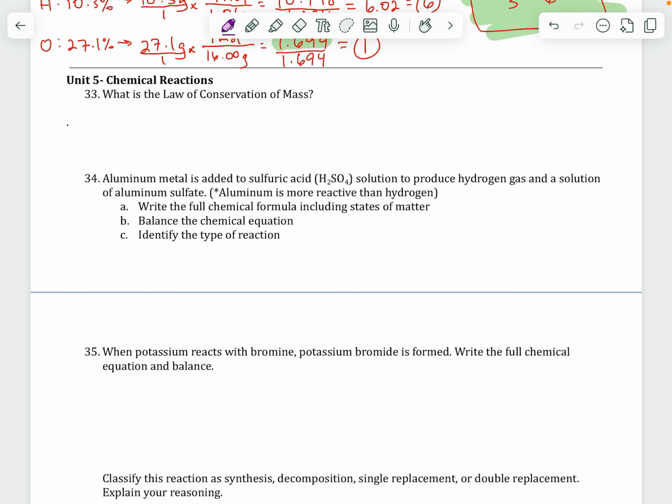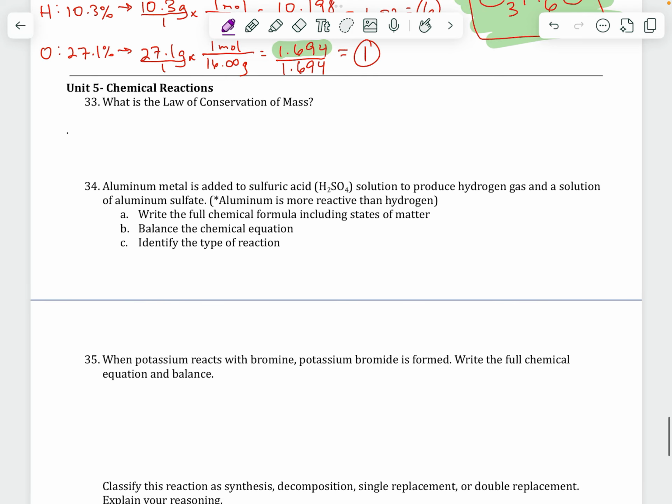All right, and here is our last unit that this semester covered. It was our chemical reactions unit. We're first starting with what is the law of conservation of mass? This is where mass cannot be created nor destroyed.